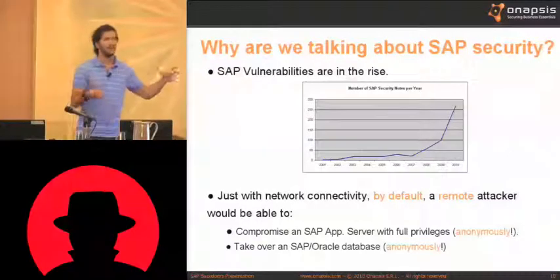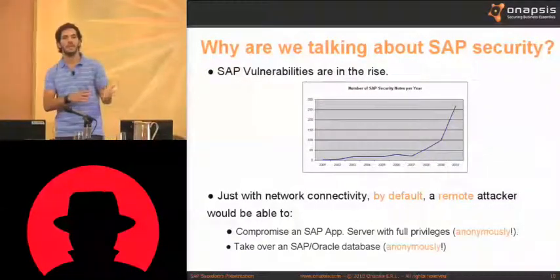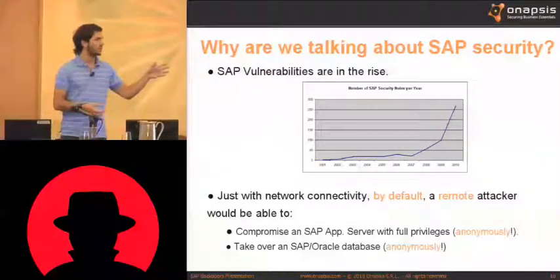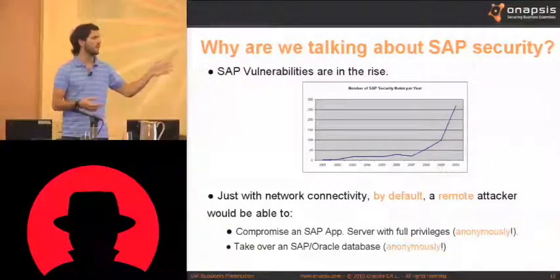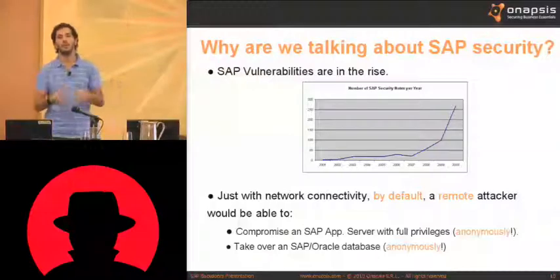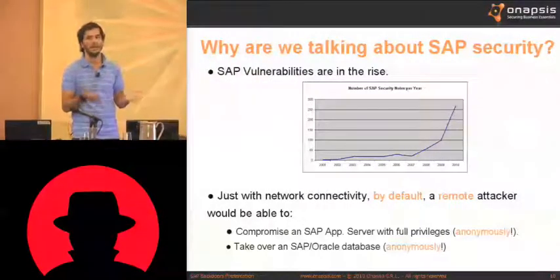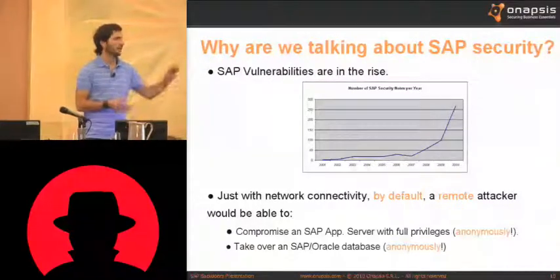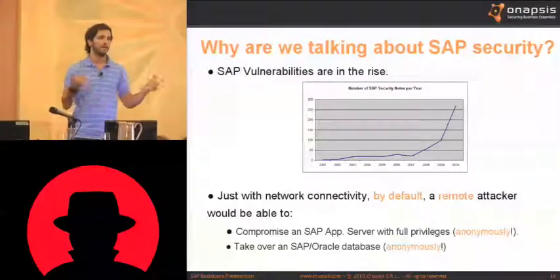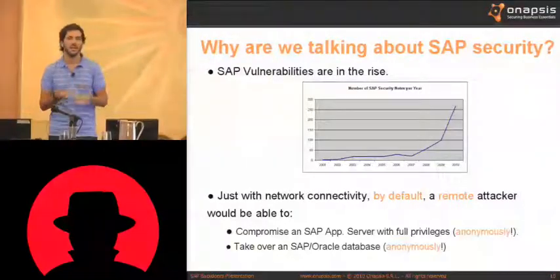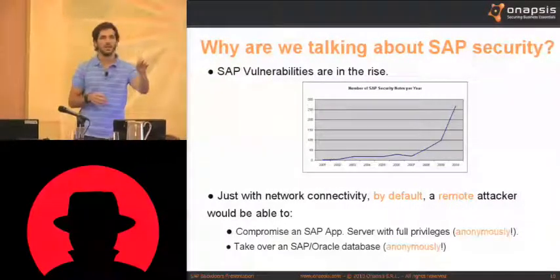It's also possible, due to some misconfigurations on SAP and Oracle installations, for an attacker to take complete control of an SAP Oracle database in pretty much any implementation currently running with default security settings. And I'm talking about no authentication, no privileges, just anonymous and just getting network connectivity with the SAP server.